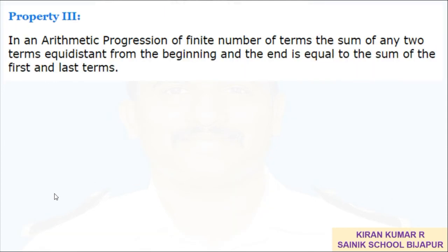Next property: in an arithmetic progression of a finite number of terms, the sum of any two terms equidistant from the beginning and the end is equal to the sum of the first and last terms. It is a little complicated to understand.